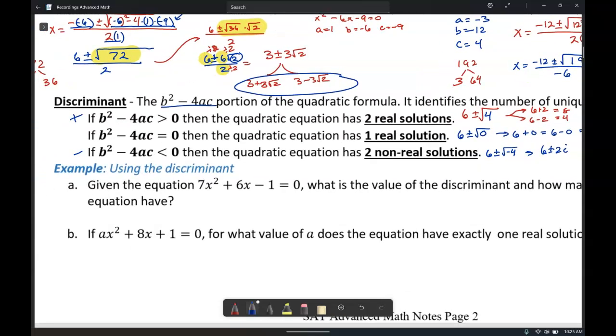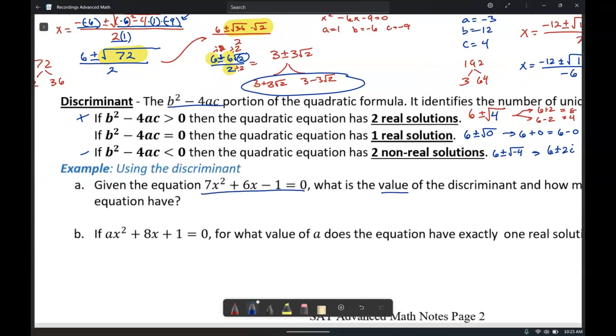So, given an equation, we want to find the value of the discriminant and identify how many solutions we have. So we see that A is 7, B is 6, and C is negative 1. So we use the formula b squared minus 4ac and substitute in the appropriate values.